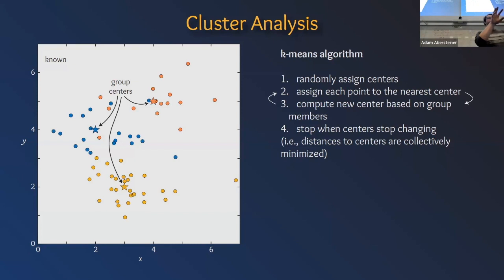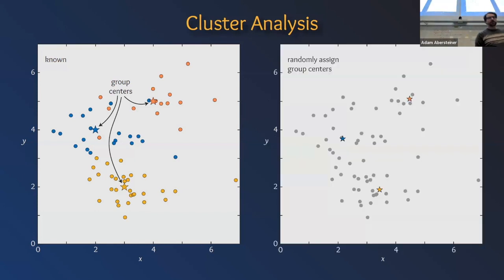And then you find the average of that new cluster, and that gives you a new center to that cluster. You then do that again and again until you get a cluster result. The group centers no longer change, and you can do something like this.